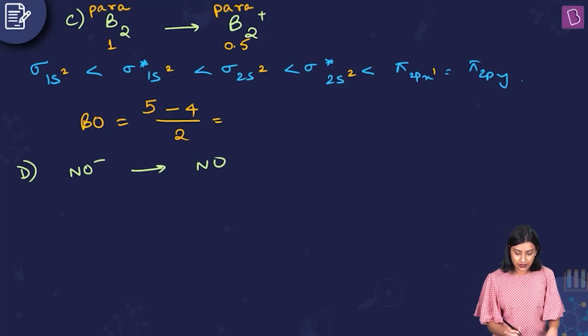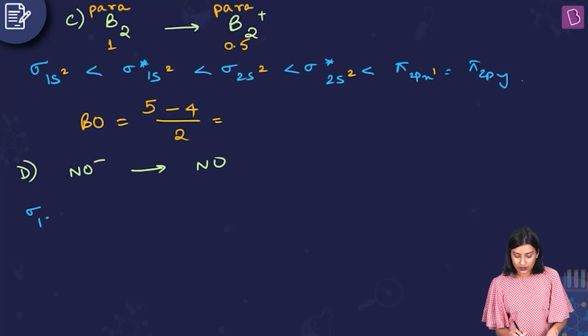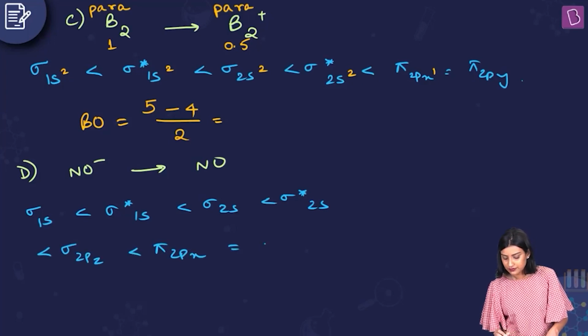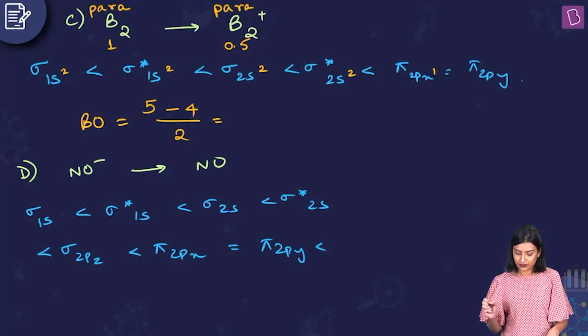The order of orbitals is going to be as such: sigma 1s, sigma star 1s, sigma 2s, sigma star 2s, then sigma 2pz, then pi 2px, pi 2py.